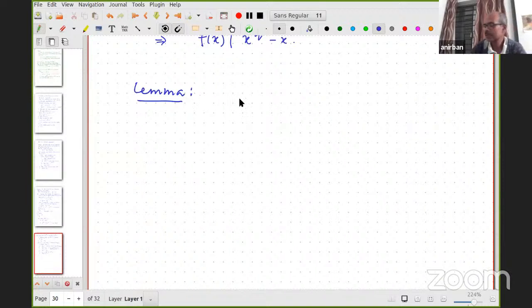So this lemma says that the division is with multiplicity 1. Let me state it.